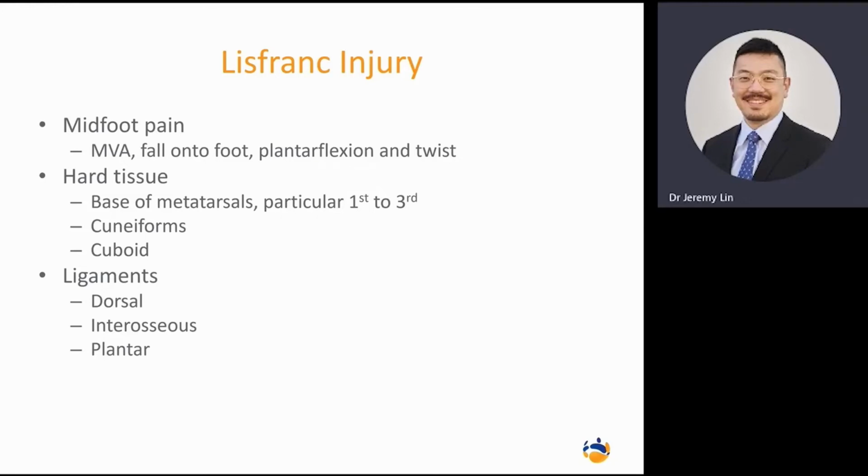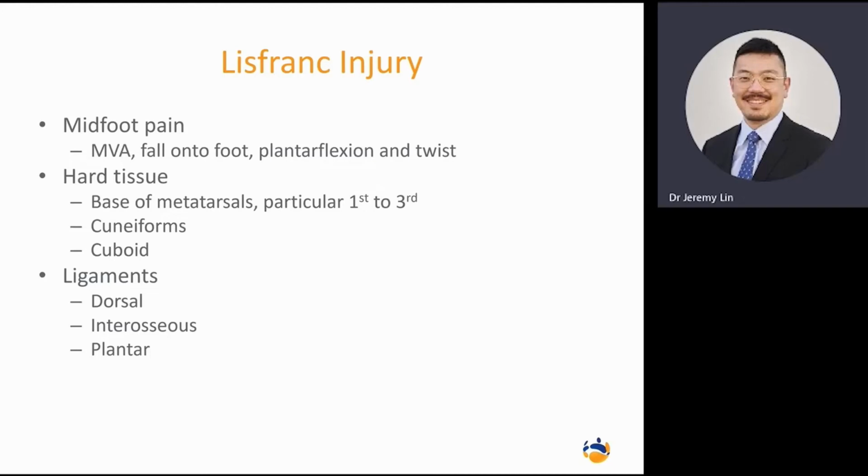Patients often present with midfoot pain, centered on the first and second metatarsal bases, and they cannot walk it off because it just keeps hurting. The structures involved include the base of the first, second, and third metatarsals, the cuneiforms, the cuboid, and to a certain extent the navicular as well.